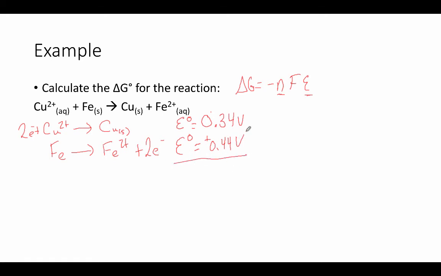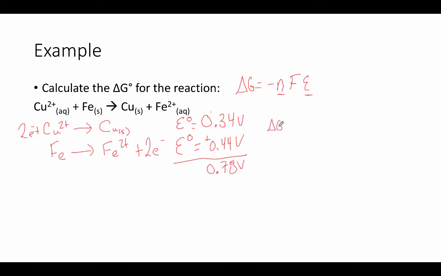And then we add these together and we end up getting 0.78 volts. Now we can plug this in here, and we can also look at our half reactions and find out what our n value is.